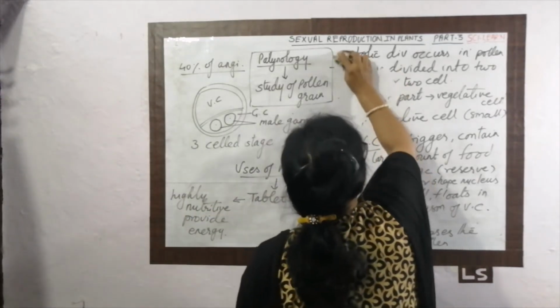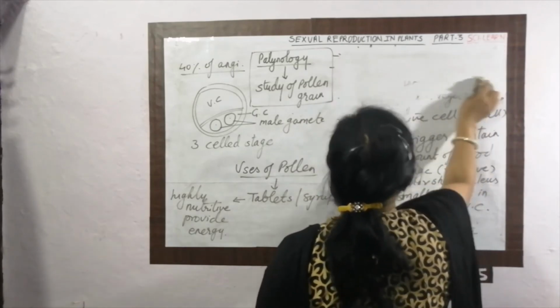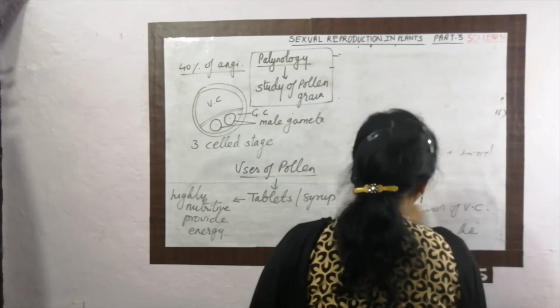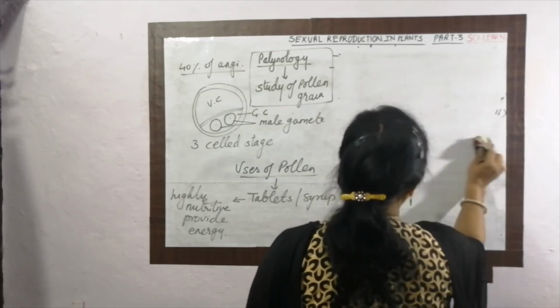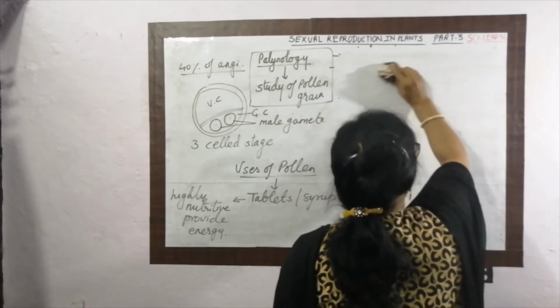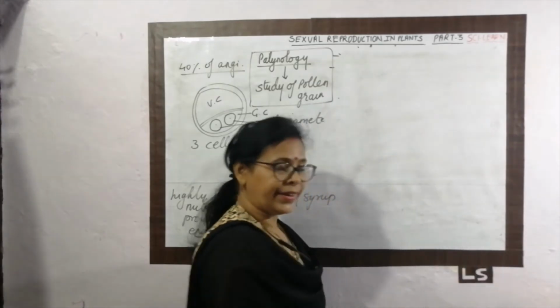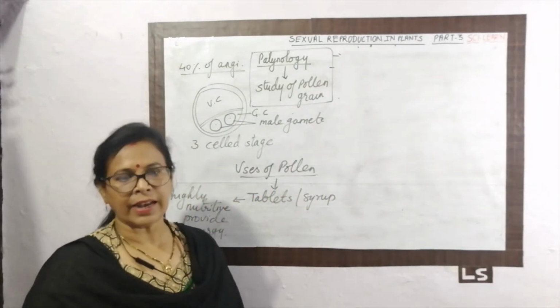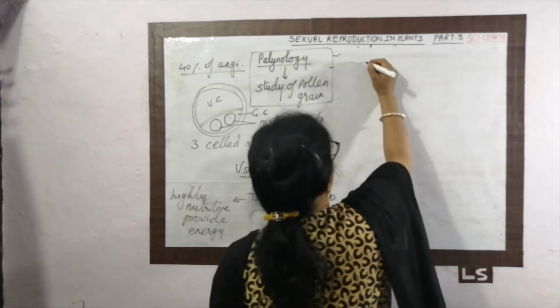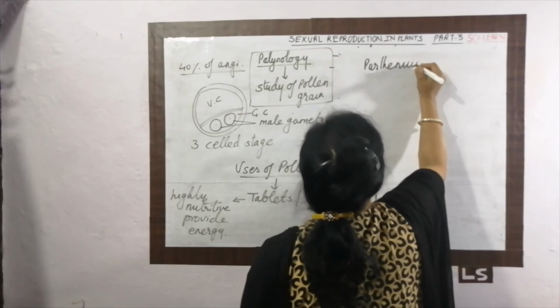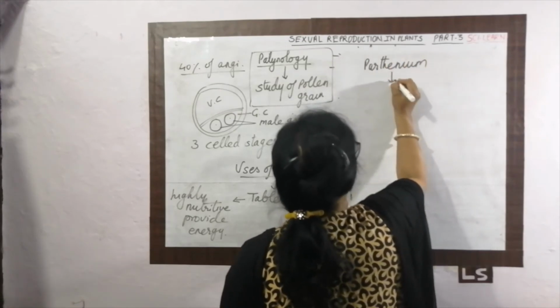Parthenium is present all over our locality. You know it very well. You have seen it also. It is harmful for us because it is highly allergenic. It causes lung disorders like bronchitis, coughing, irritation, etc. Parthenium is a plant. It is actually a weed.